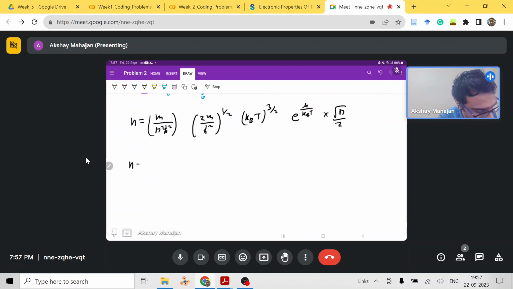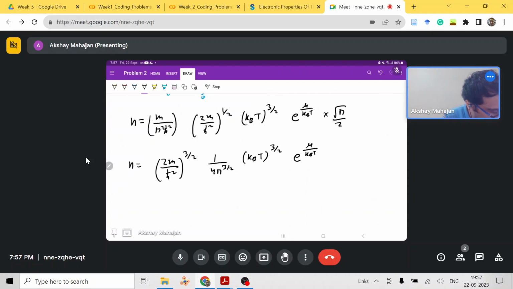So our n, after a little bit of manipulation, will equal (2m upon h-bar squared) whole to the power 3 by 2, 1 upon 4 pi to the power 3 by 2, kBT to the power 3 by 2, e to the power mu by kBT.